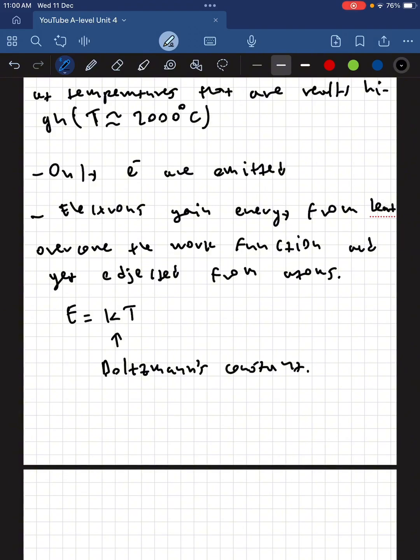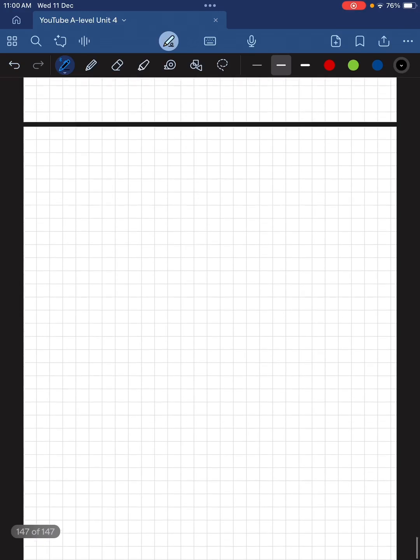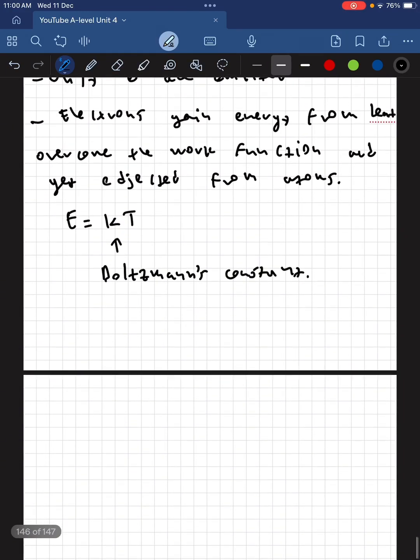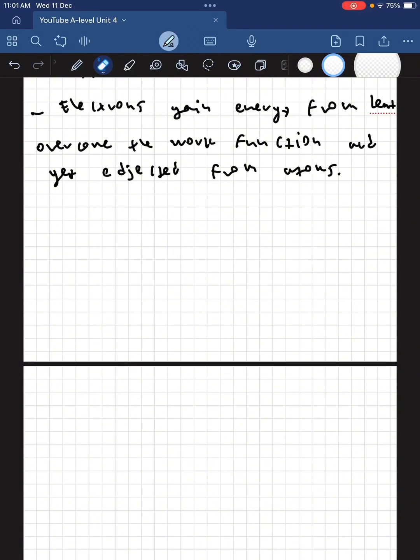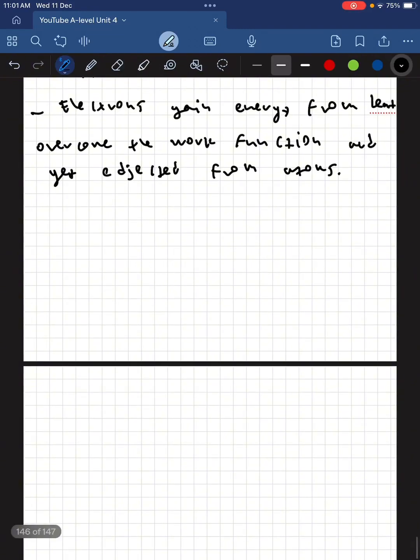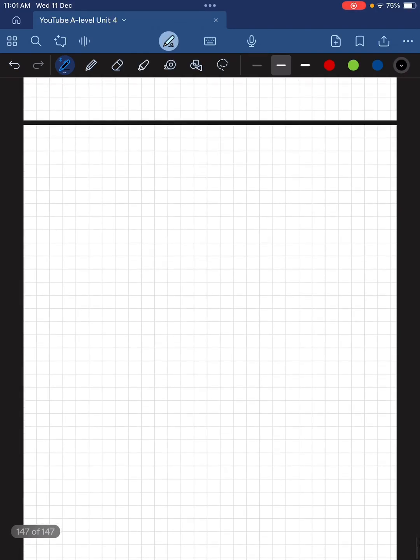So anything that has some temperature can be translated to energy. Temperature and energy are interrelated. This is something we will learn in Unit 5 and thermodynamics. But anyway, you don't need to know this, so I'm gonna erase it actually. So heat is energy pretty much, okay? And it makes electrons get ejected.